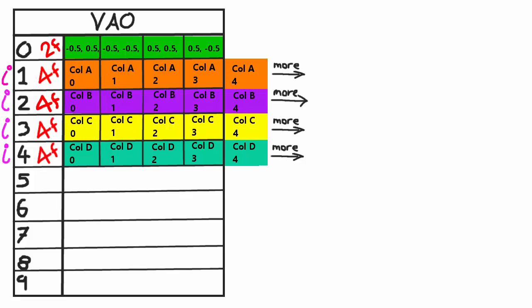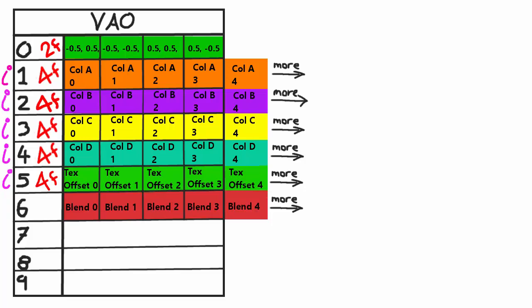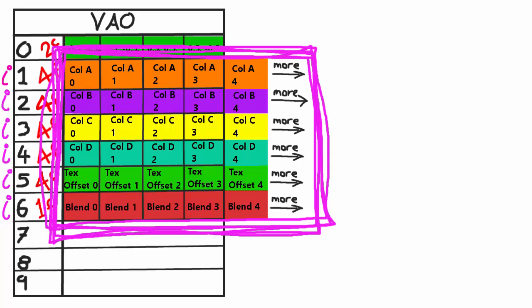We'll then store the texture offsets in attribute 5 of the VAO, indicating that each one uses 4 floats and that this is a per instance attribute. And finally, the blend factors will be stored in list 6, and of course the blend factors are only 1 float each. Of course, the model view matrix and texture information of the particles will be changing each frame, so we're going to need to update the data in the VAO every frame.